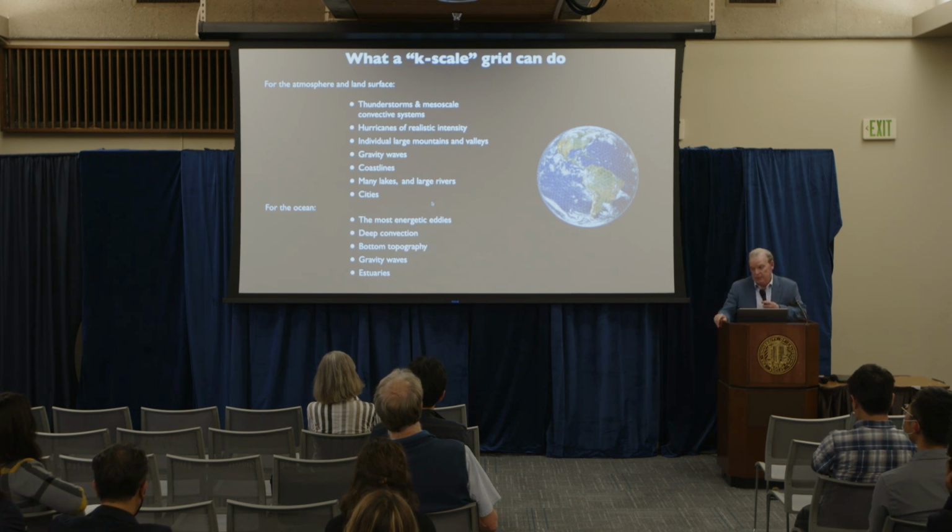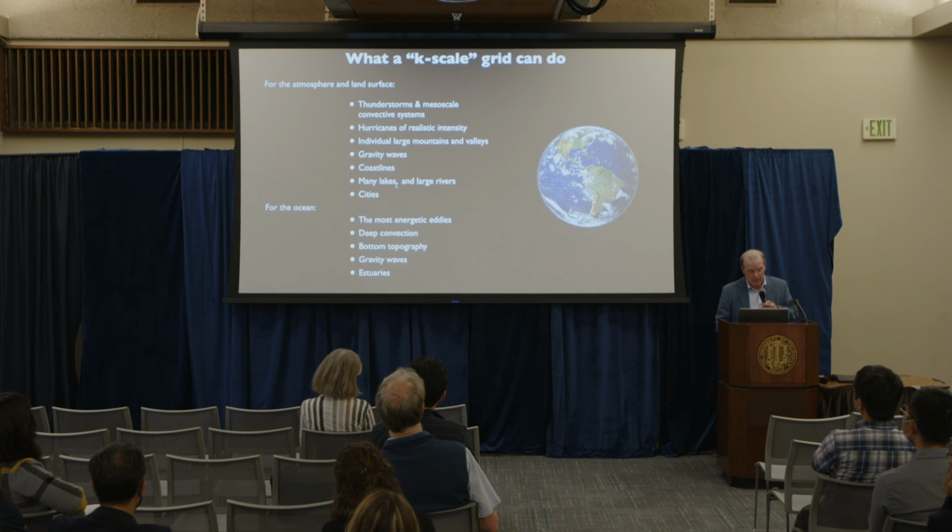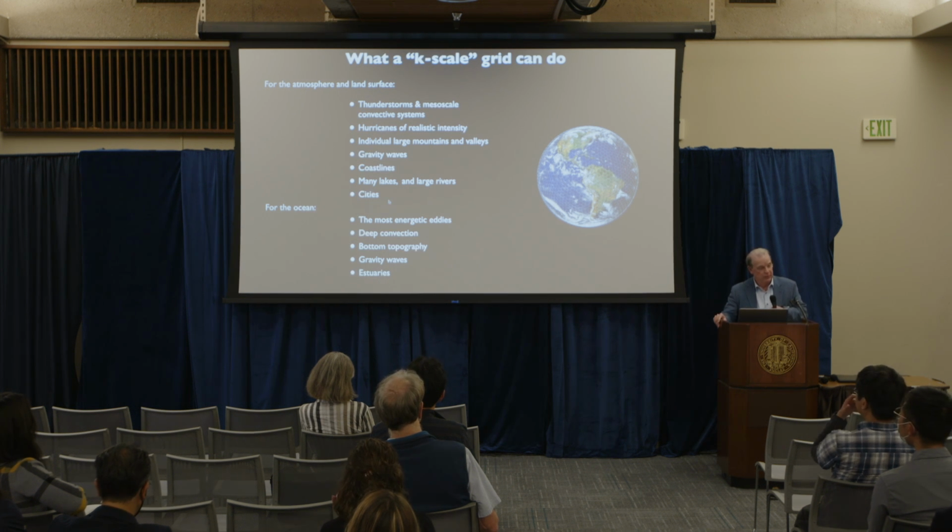Gravity waves of the type that Young June talked about this morning, orographic gravity waves, and also gravity waves forced by convection and other things. Coastlines, of course, are well resolved, so you can think about doing estuaries explicitly. Lakes and large rivers, so the Amazon would be resolved here, the Mississippi, and cities. New York City, pretty well resolved. Fort Collins would have a number of grid points.